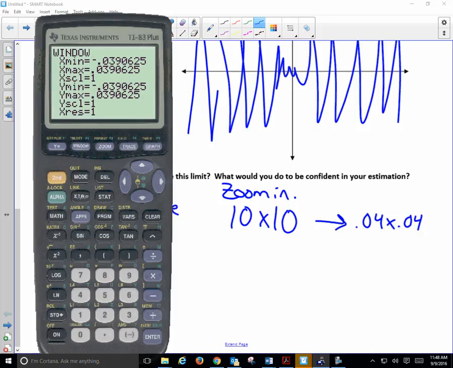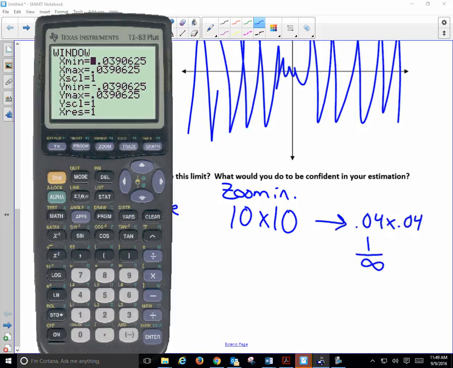So the big question is, how far do we have to zoom in to make sure that we are confident in the limit? And in mathematics, we don't assign a number like 0.04 or 0.1 or 0.0002. Here's what we assign for a value. We will zoom in that far.